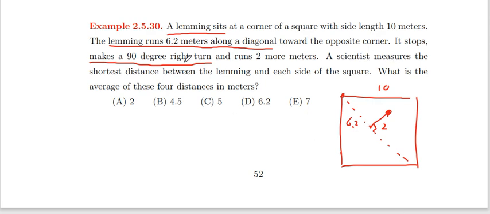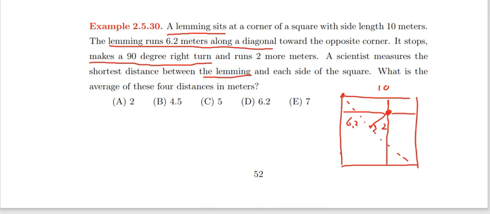A scientist measures the shortest distance between the robot and each side of the square. So the distance from this point to this side, distance here, this one, and the distance to this side, this.